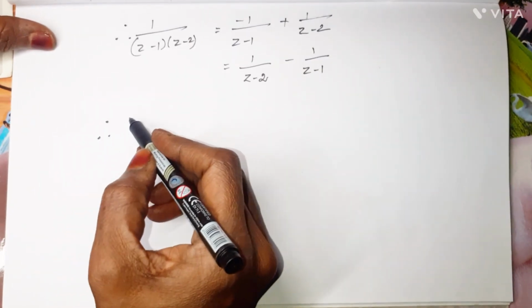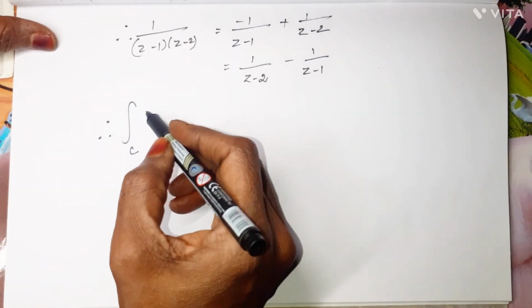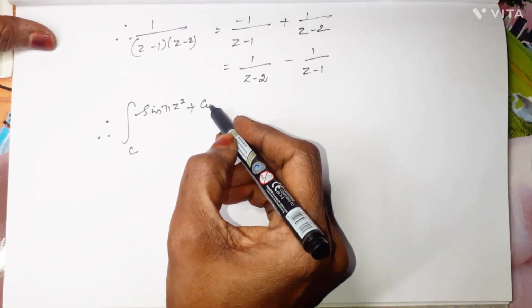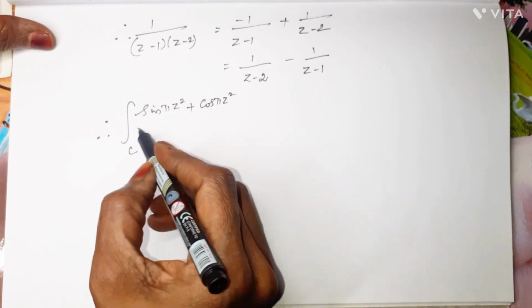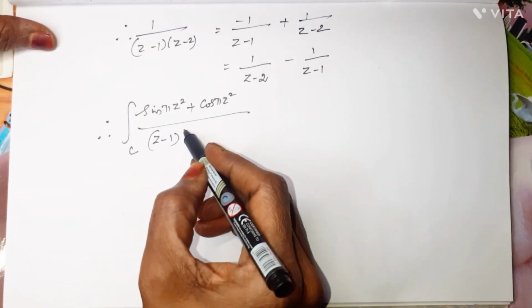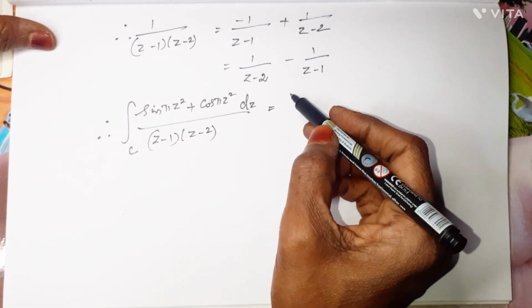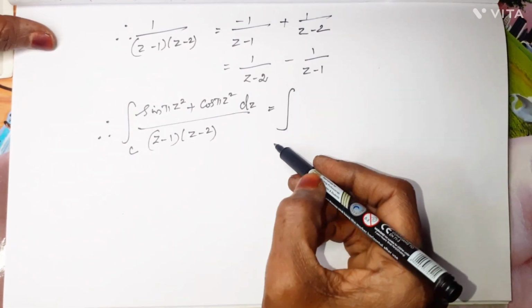Now come to the problem given. Integral over C of (sin πz² + cos πz²) by (z minus 1)(z minus 2) dz is equal to, we have split this into two integrals.